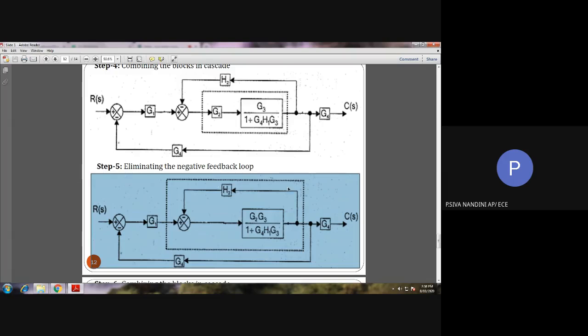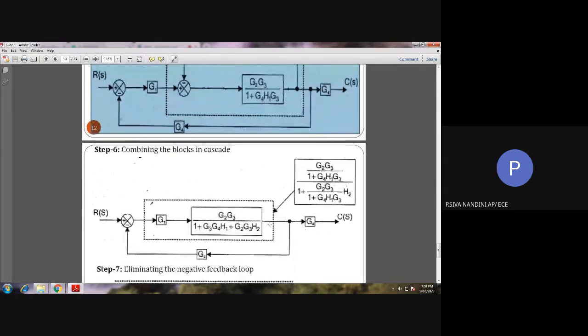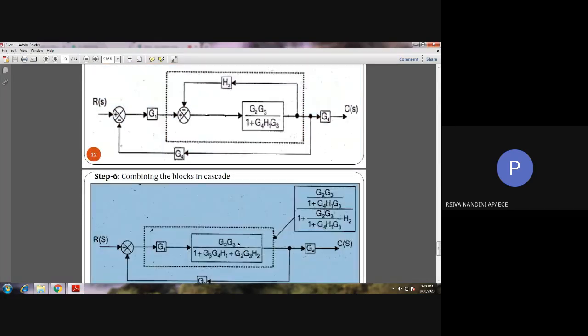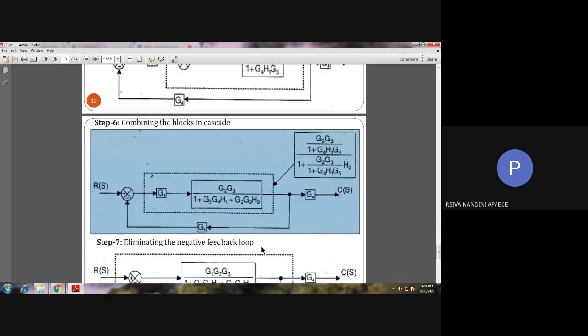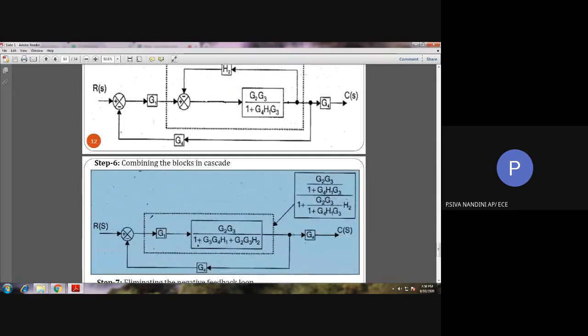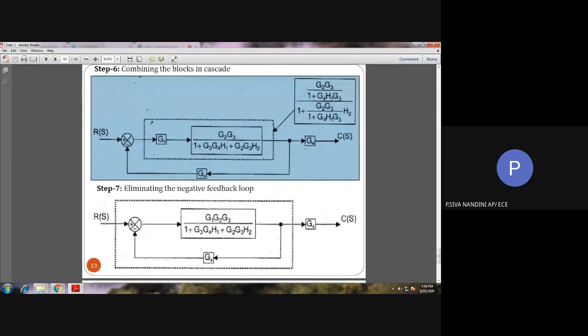Then we are able to find another negative feedback loop. So, we can also simplify that negative feedback loop, and it is shown in step number 6. And in step number 6, you all can see the two blocks, G1 and this block, are in series. So, we can multiply these two blocks and obtain a single block.